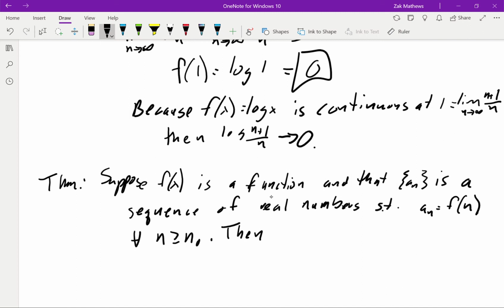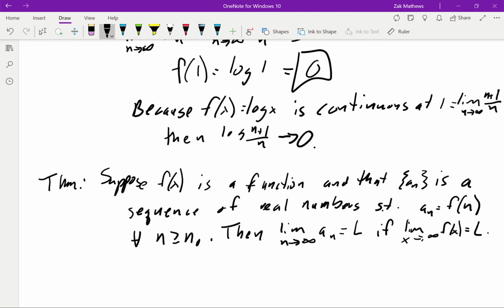Then the limit as n goes to infinity of a_n is equal to L if the limit as x goes to infinity of f of x is equal to L. So this formally gives us a way to tie together our traditional limits and sequences.